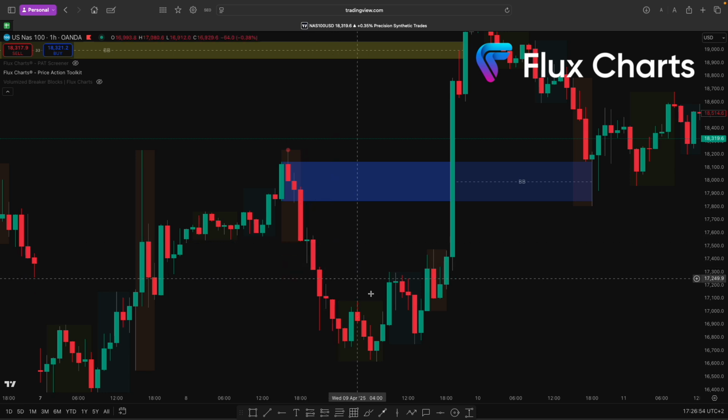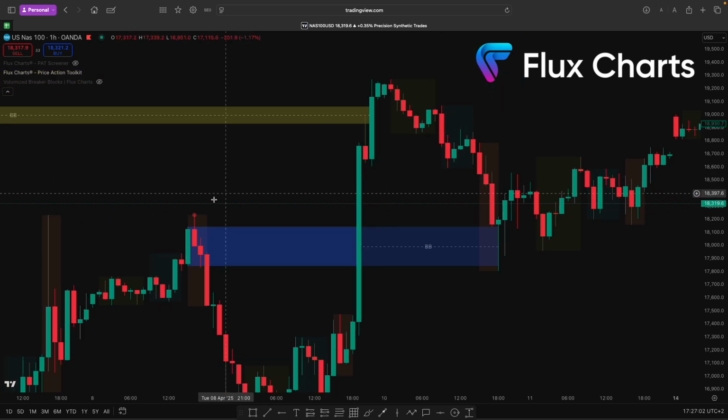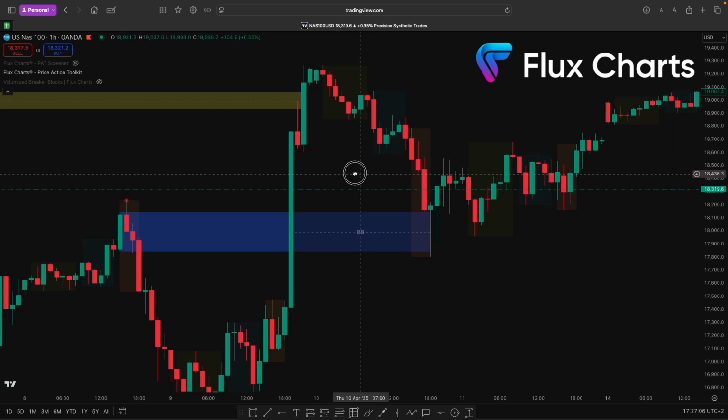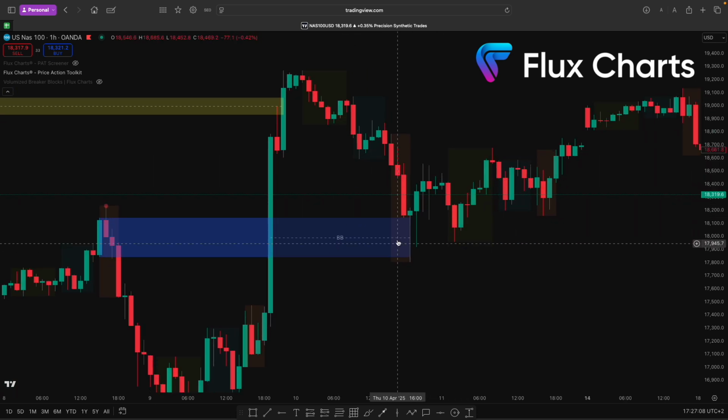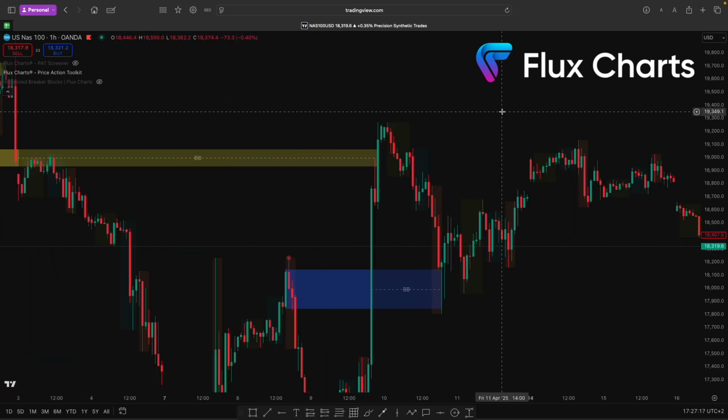The next day we had Asia, London, New York. After New York session, we had a big push up. So this order block was not respected. Came back down, and during New York, right over here, you can see price respected this breaker block, and we moved all the way away from it now again.